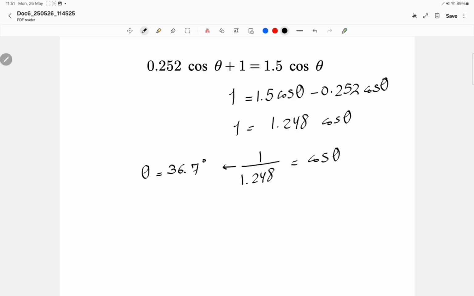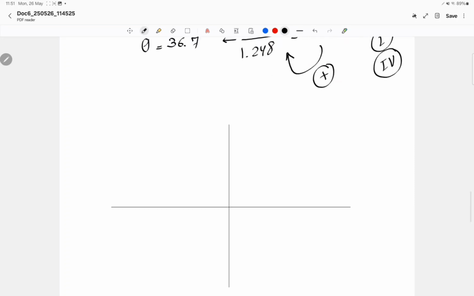36.77 degrees. But here's the thing, this cosine is obviously a positive number, and cosine is positive in 2 cases. In the case of 2 quadrants, which is quadrant 1 and also quadrant 4. Let me bring up the quadrants and show you what that means. So in quadrant 1, which would be this one, the angle is going to be simply 36.7 degrees.